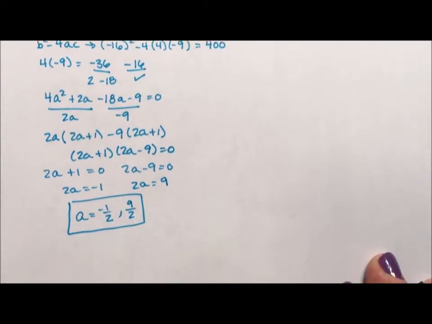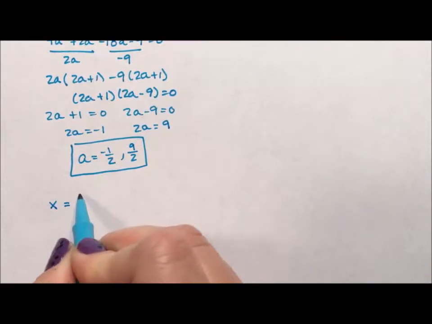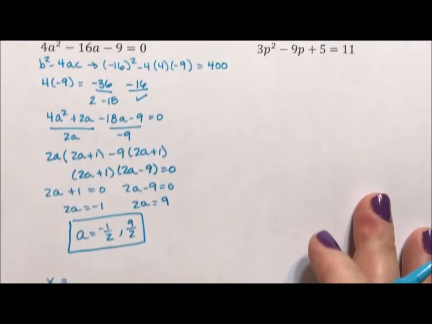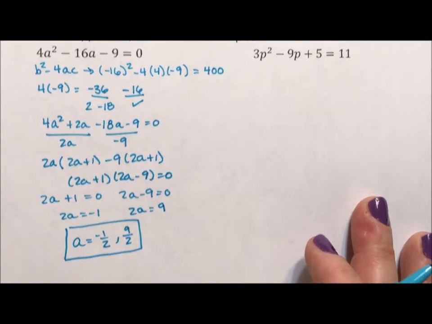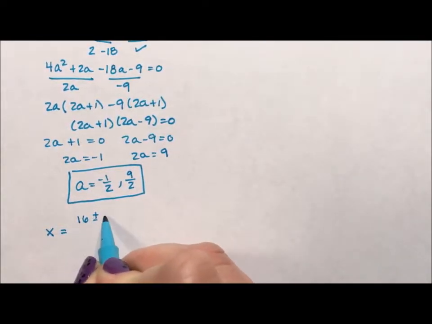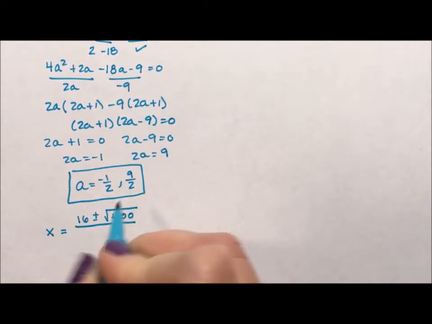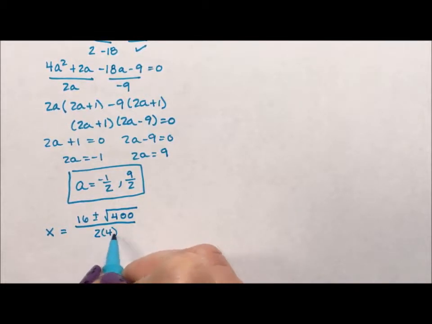And the quadratic formula is not bad at this point because I can say x equals negative b, which b is this 16 right there. So negative b is going to be a positive 16 plus or minus the square root of the discriminant, which I already figured out is 400, all over 2a, so 2 times 4.